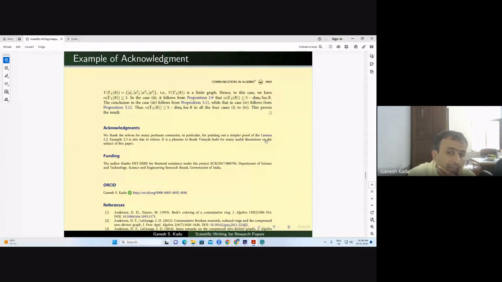So that has to be also acknowledged, because they have provided you some key insights. They have not directly helped you in carrying out research, but they have provided you some guidelines which are helpful, and if you don't mention their names, then it doesn't look good. So this has to be done properly.